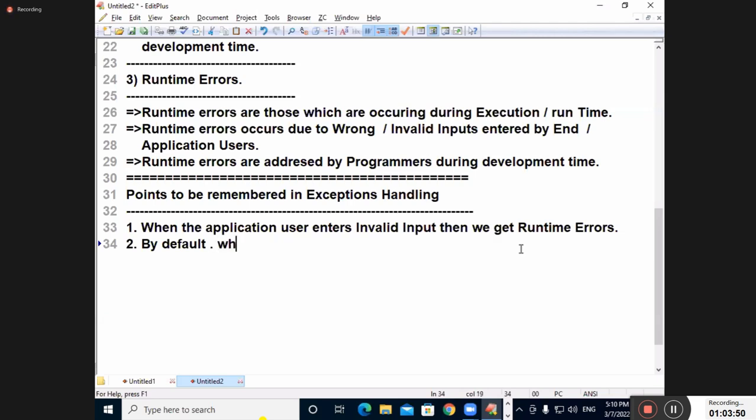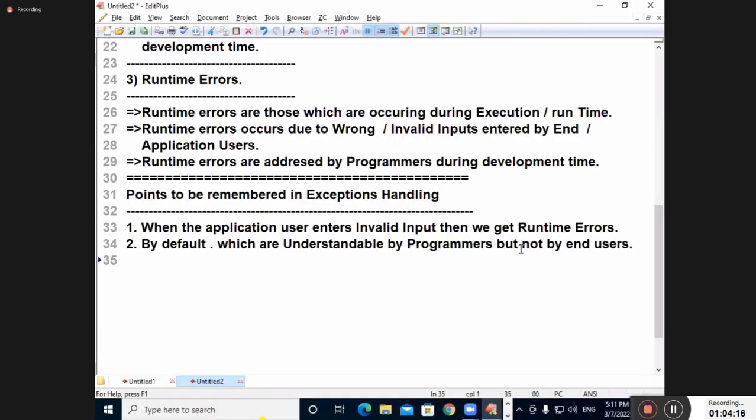Which are understandable by whom? Understandable by programmers, but not by end users.